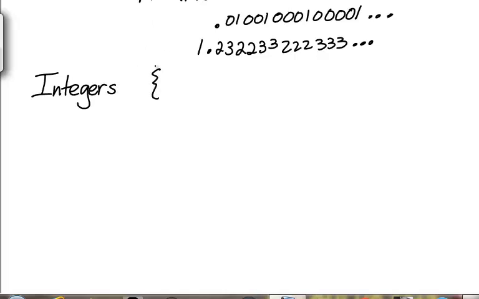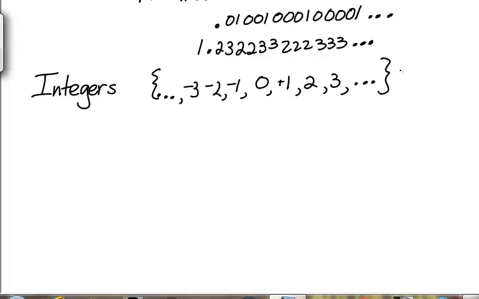The set of integers, and it is a set, so you need the braces, and it starts 0, positive 1, positive 2, positive 3, and so on, and then in the other direction, negative 1, negative 2, negative 3, and so on. Notice the fraction 1/2, the fraction negative 3/4, those are not integers. Okay.